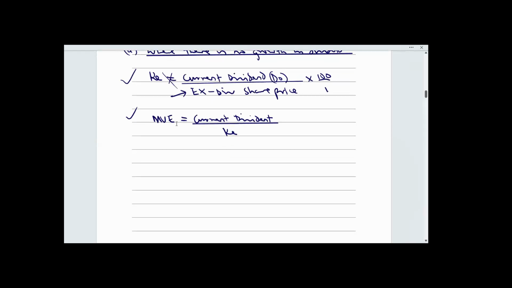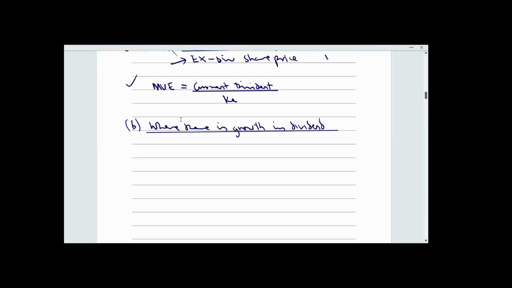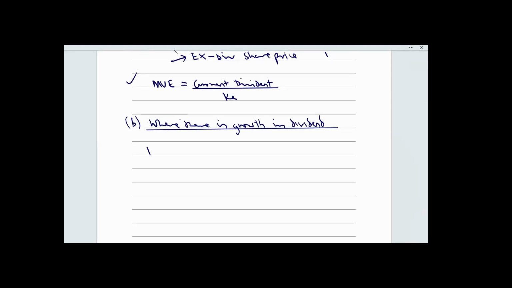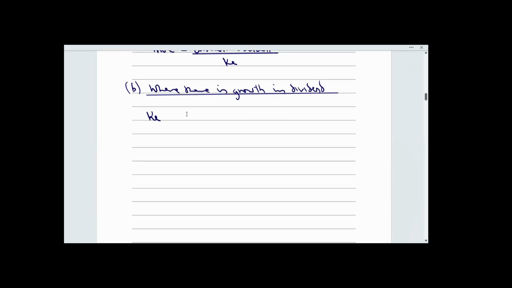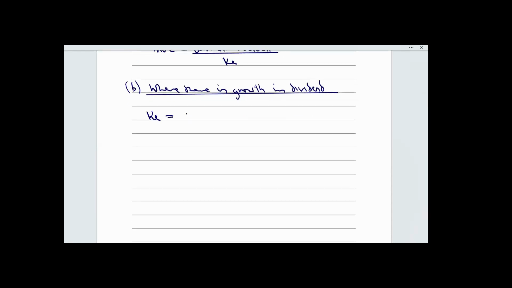The second one, where there is growth in dividend payments. How do you calculate the cost of equity? Let me show you. Cost of equity will be calculated as the current dividend, which is D0.